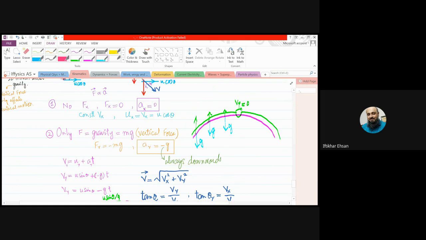But when it's coming downward, the vertical component will be increasing. Why? Here gravity actually supports the movement, in the same direction as the movement. The object is going downward. So when the object is rising or falling, gravity is always downward.